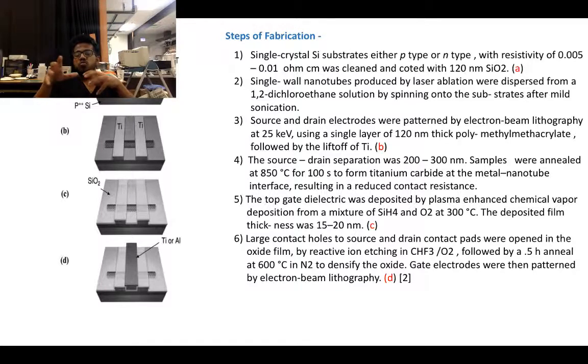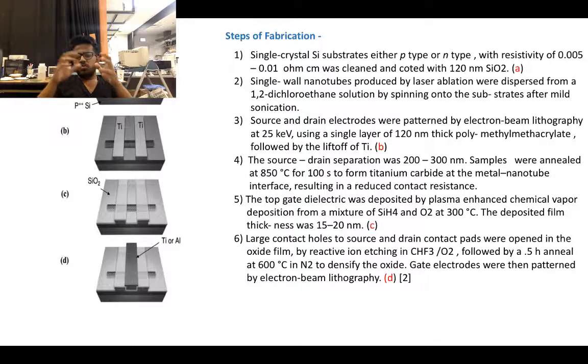Then you use a technique called dichlorine solution spinning, which is used to produce nanotubes over this SiO2 layer that you have.